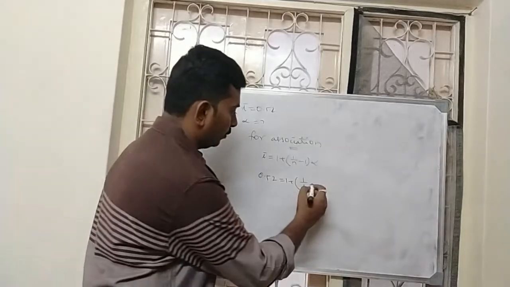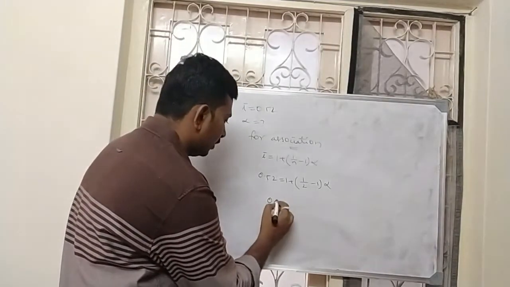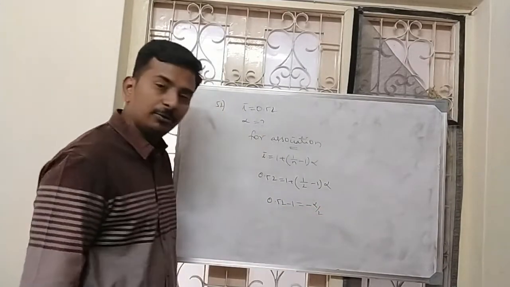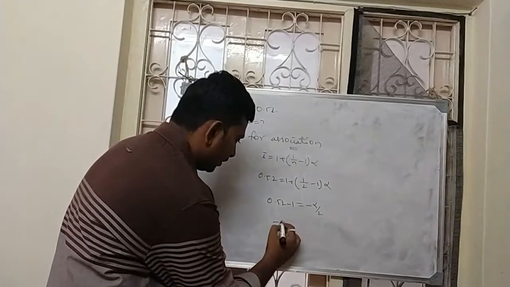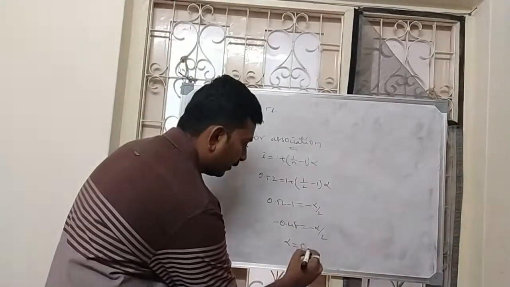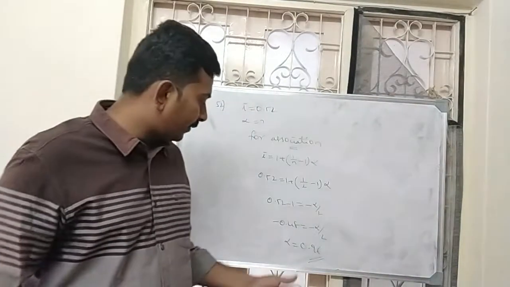So 0.52 minus 1 is equal to minus alpha by 2. So that is minus 0.48 is equal to minus alpha by 2. Alpha value will be 0.96. So the degree of association is 0.96.